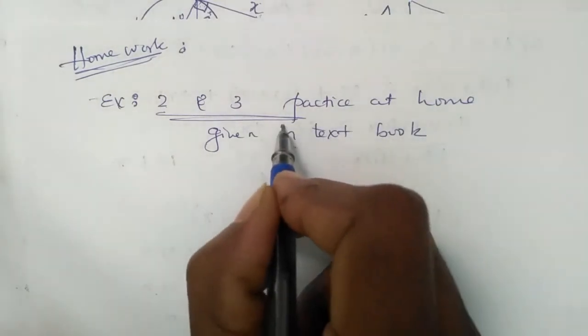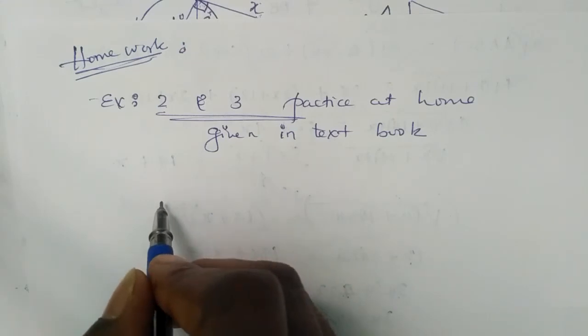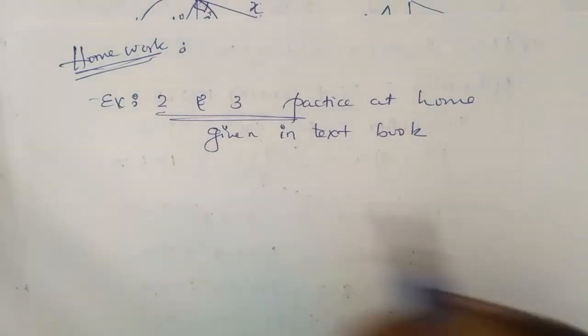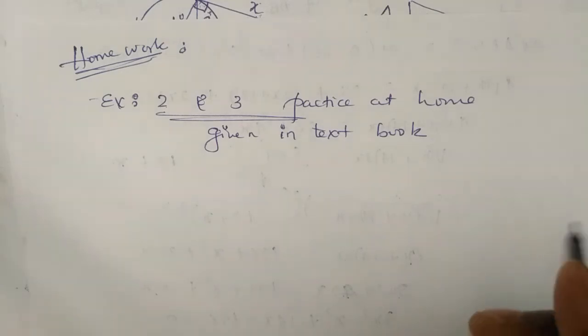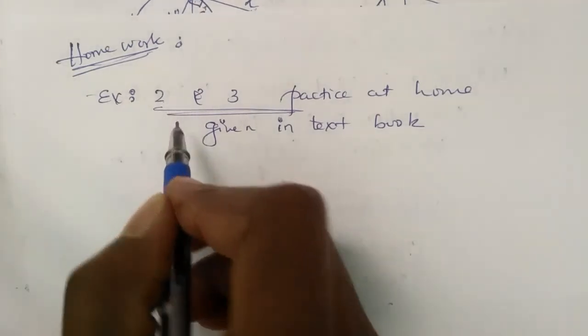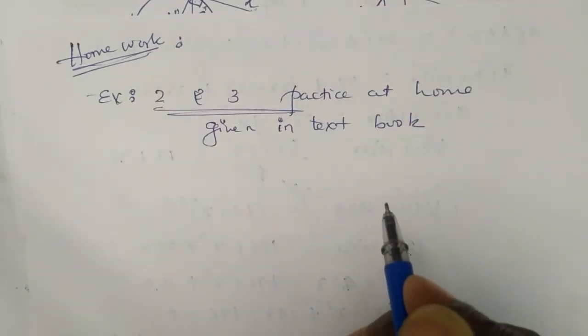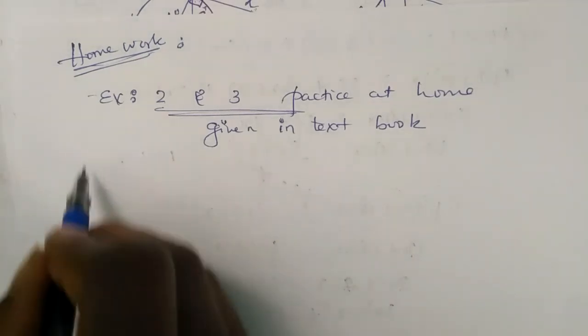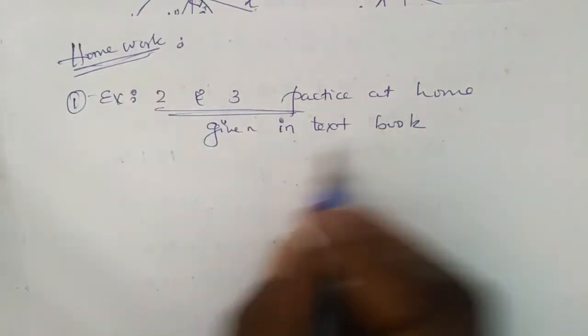But don't refer to the answer. Try yourself. If in between, in any step, you are not understanding, you can refer to the answer in the textbook. Better you don't refer first, only take the question, try in your method. Finally, if any simple mistakes occur, you can refer to the textbook at that time. This is the first work, example 2 and 3 practice.